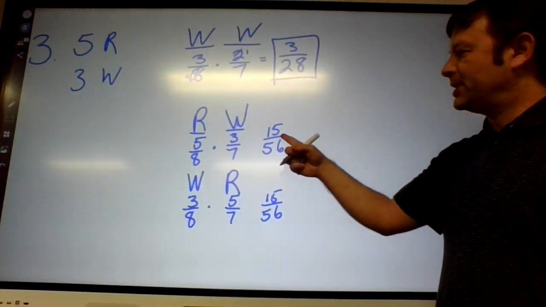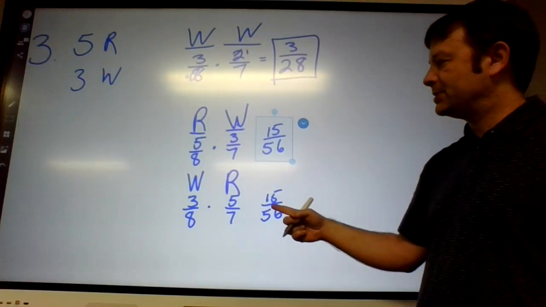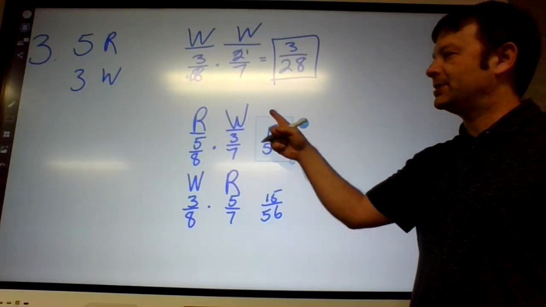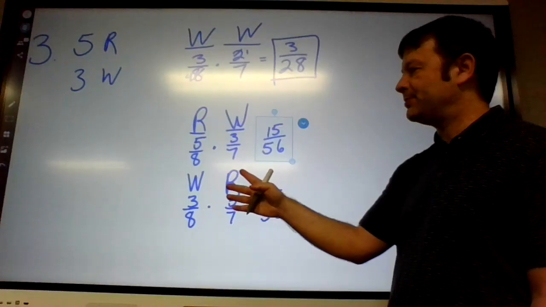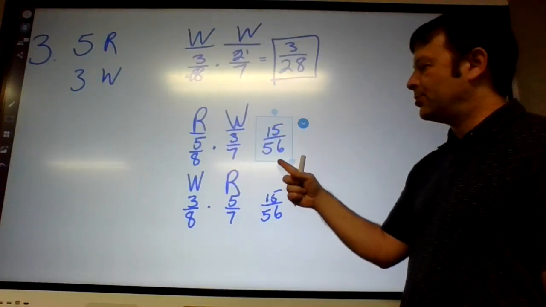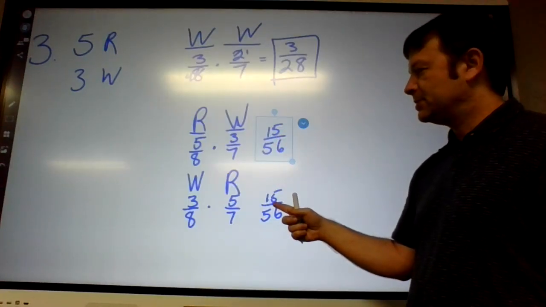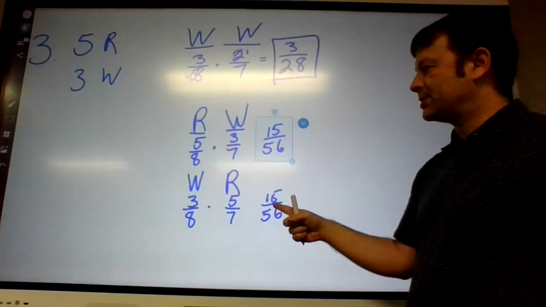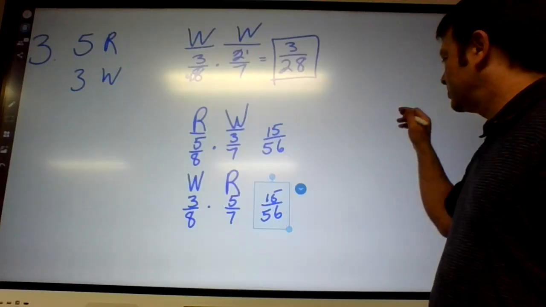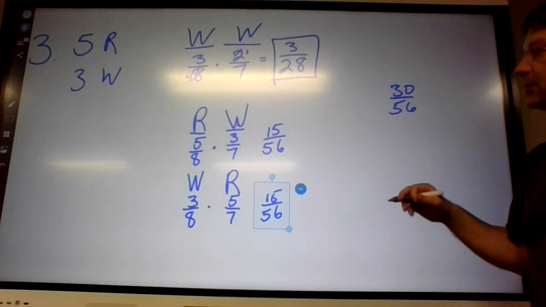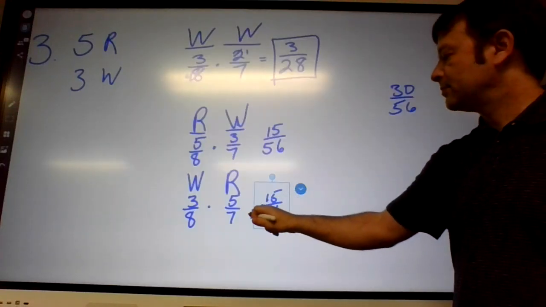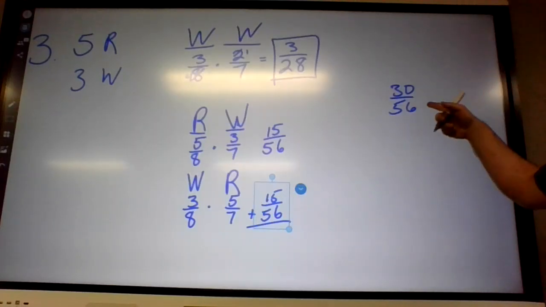Okay, what's the probability that this or this happens? Okay, they can't happen simultaneously. Either you get red and white or white and red. You can't get both at the same time. So the probability that this or this happens would be this plus this, 30 out of 56. But that does reduce if you divide by 2 to 15 out of 28.